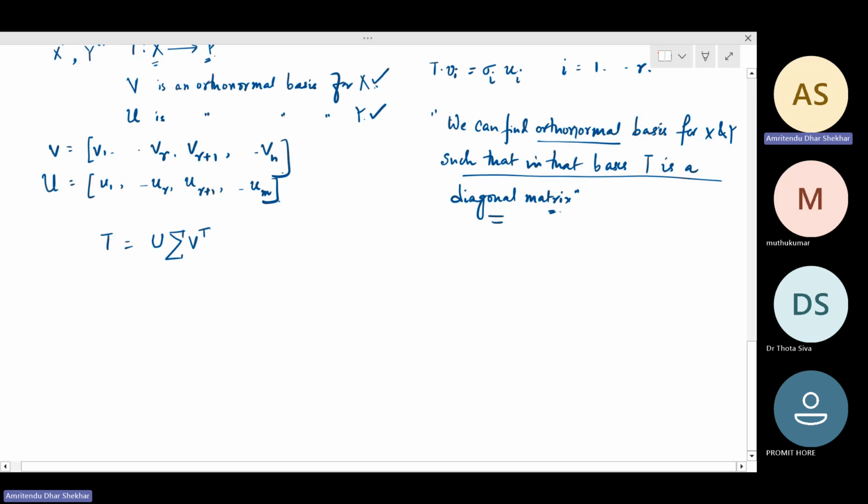This is a canonical representation for T, where sigma is a diagonal matrix of the singular values, and U and V are called the singular vectors of this matrix T. Once you take T to be of this particular form, then you can make a lot of statements, because now you have a very nice handle on the linear operator, because U is an orthogonal matrix, V transpose is also an orthogonal matrix, and this is a diagonal matrix.